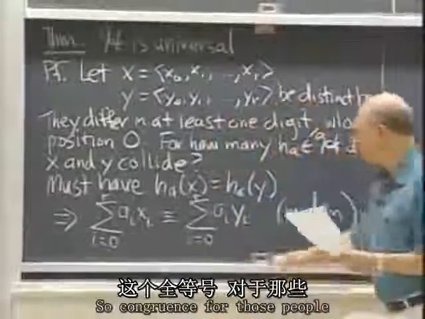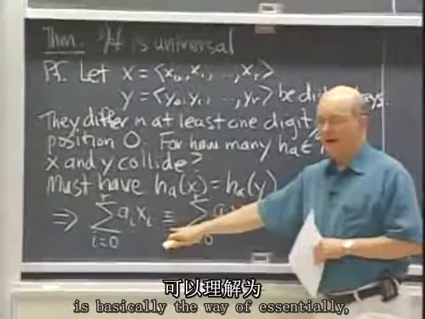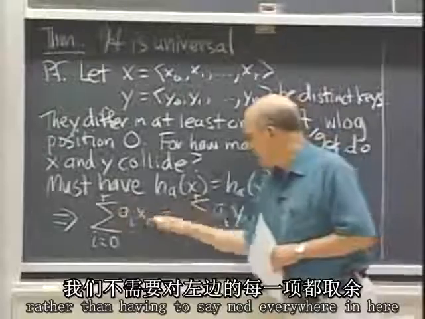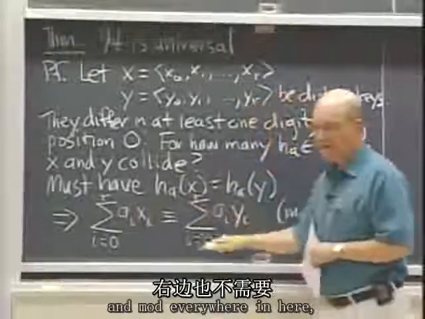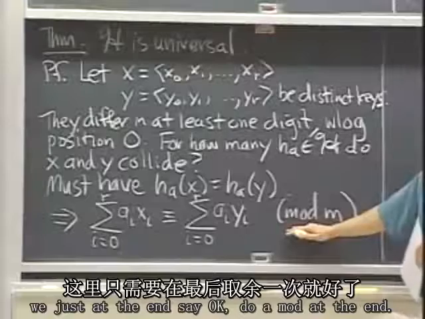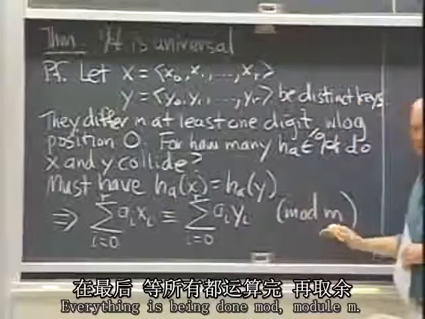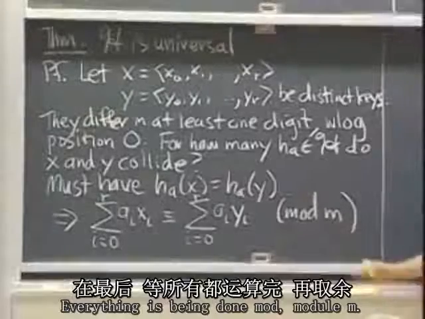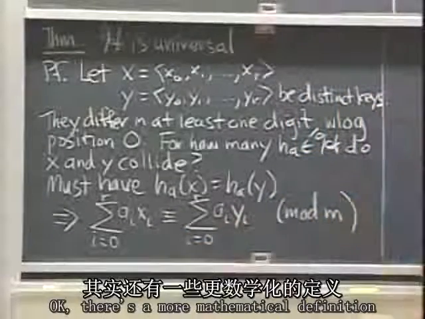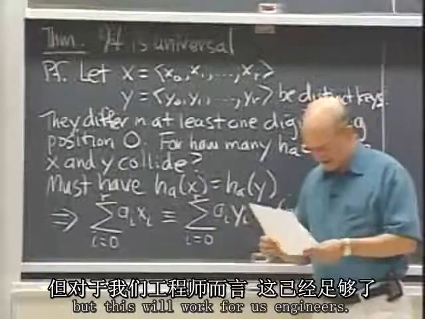So congruence, for those people who haven't seen much number theory, is basically the way of essentially, rather than having to say mod everywhere, we just at the end say, okay, do a mod. At the end, everything is being done modulo m, and then typically we use a congruent sign. Okay, there's a more mathematical definition, but this will work for us engineers. Okay?